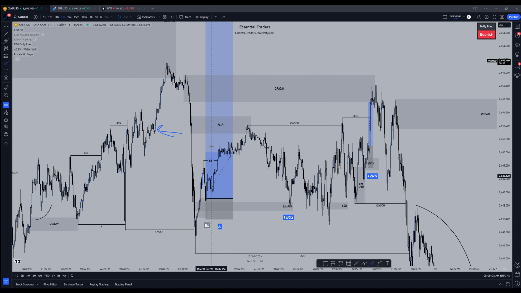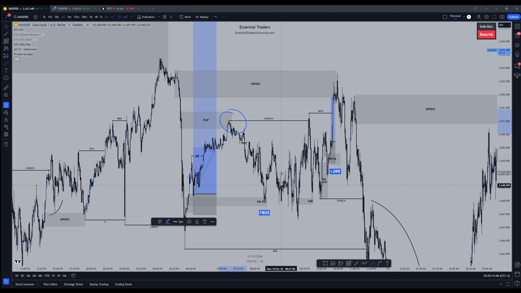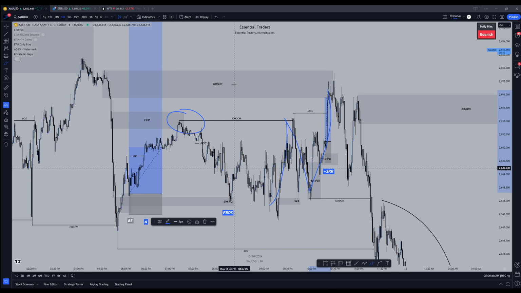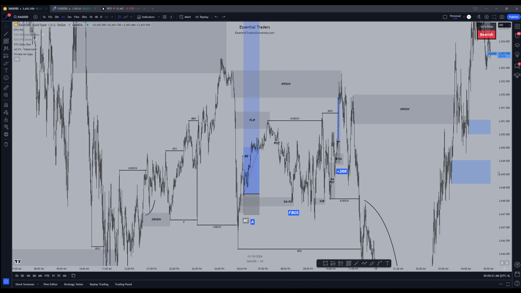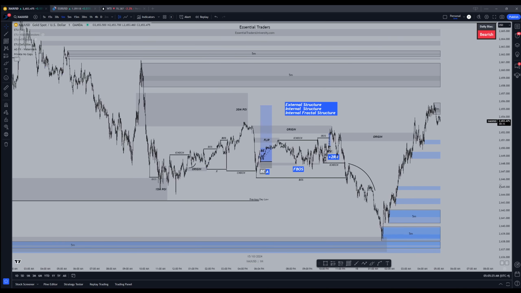The demand is more like down here. So it's not even a high quality flip because there's way better supply above here. But as soon as I see this high get taken out, an internal change of character, I'm expecting us to create internal structure to go to the origin. So again, just being able to adapt to market conditions and understanding new objectives of price is also very important.